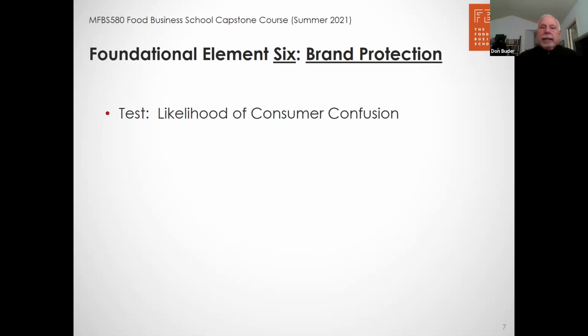The test is, what is the likelihood of consumer confusion? And this is how anyone who's looking at trademarks and trademark registration opportunities or applications assesses either the strength or the weakness of a mark, and the ability to obtain a trademark registration.